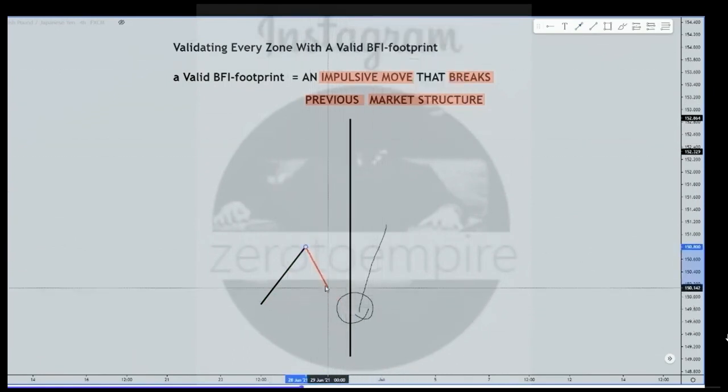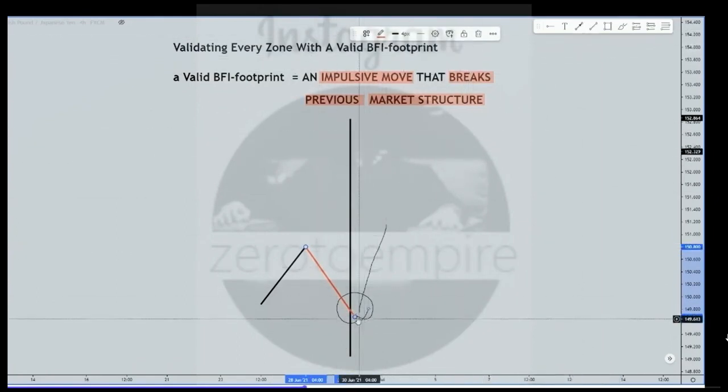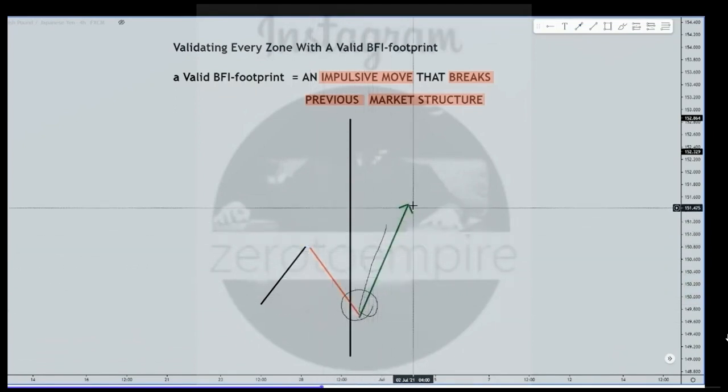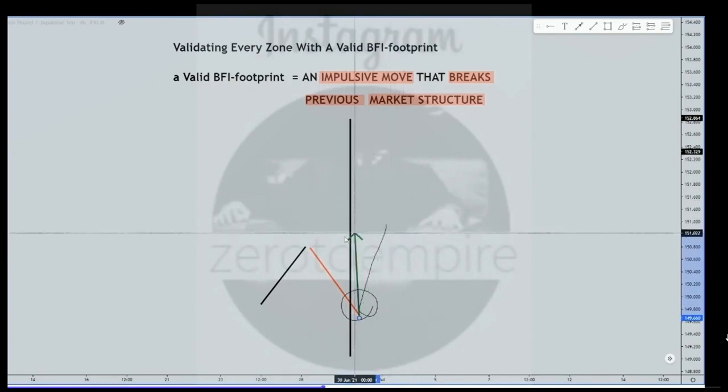All of this selling, somebody came in and it was completely absorbed and even more. And then there was a footprint. But the fact that these sellers got taken out tells us that the buyers are in control.